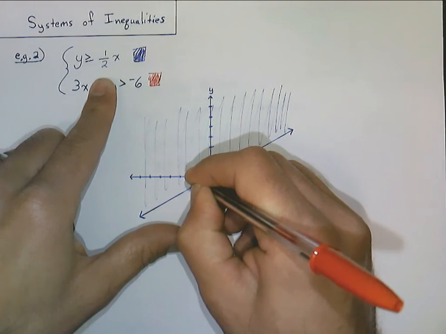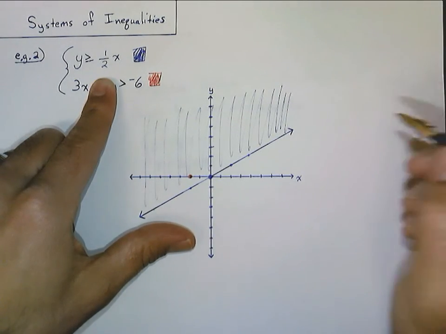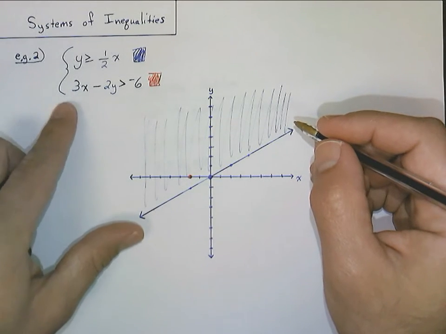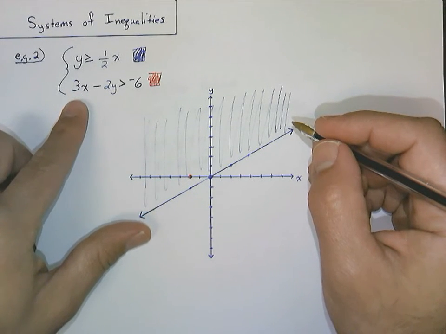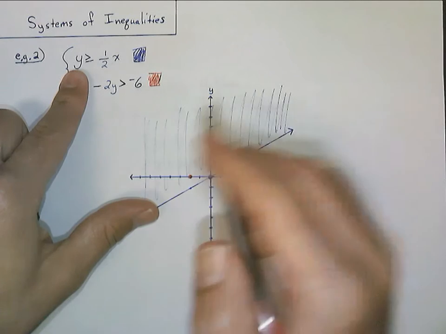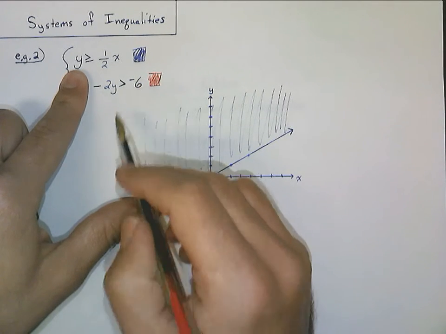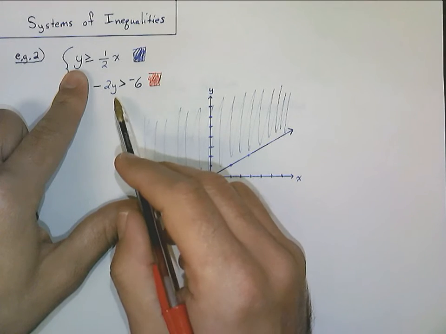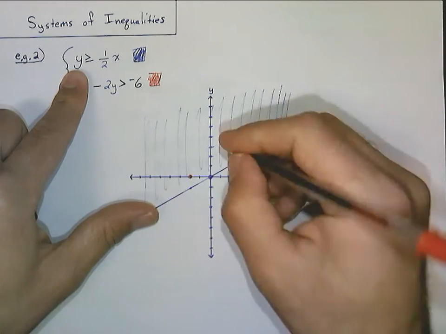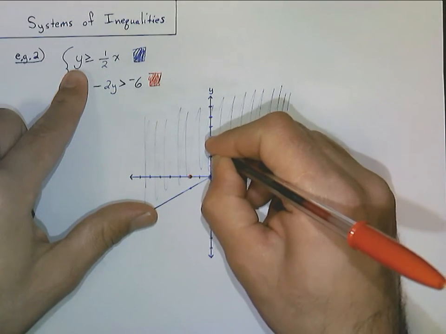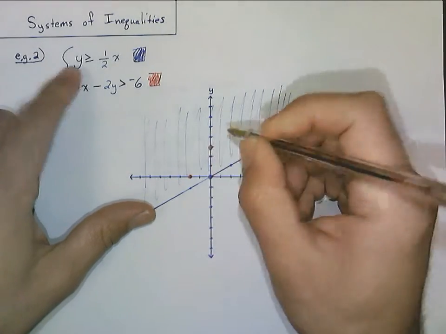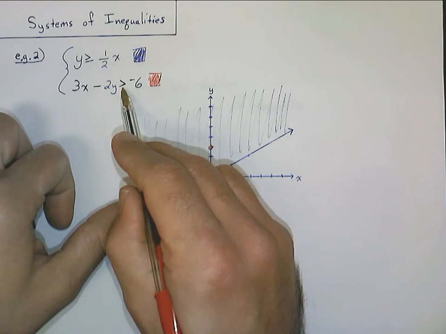Right here. And then the y-intercept, well, the y-intercept is going to occur when x is 0. So the y value that's going to make this statement true, -2y is equal to -6. That's going to be a +3. So there's our y-intercept for the boundary line where equality would happen.